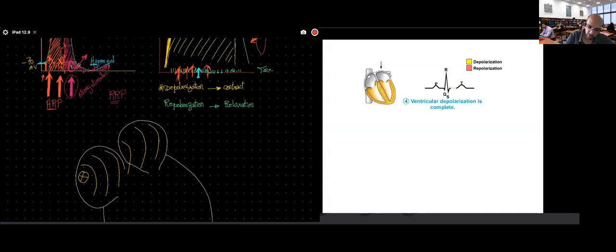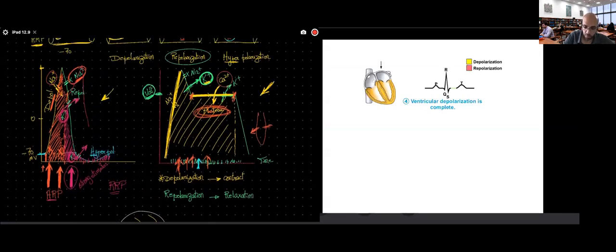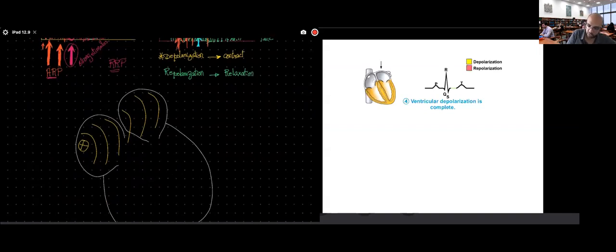This is what the machine will be recording. So I'm looking at the depolarization phase of the action potential of all the cardiac muscle cells of both atria at the same time. This is going to be recorded by the machine as the P wave.